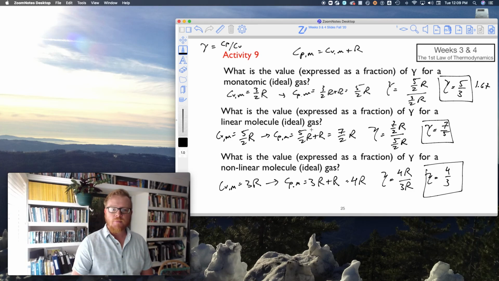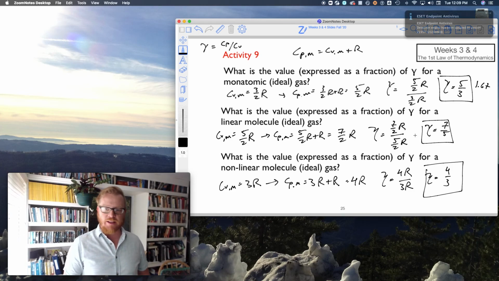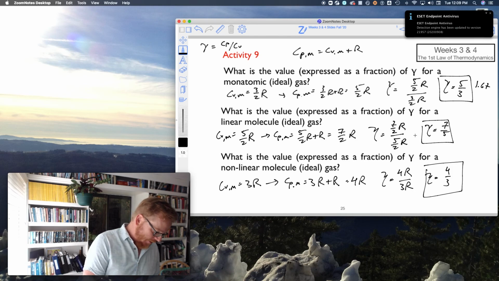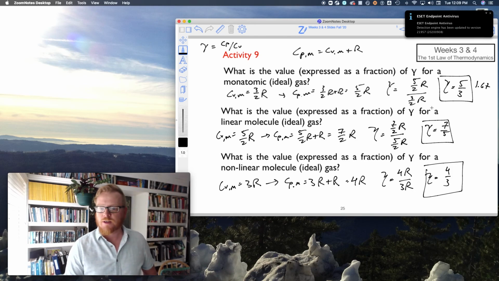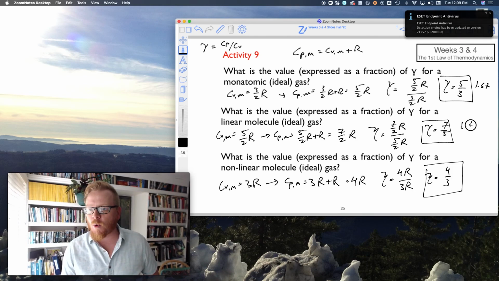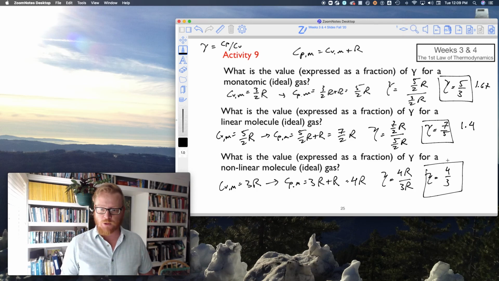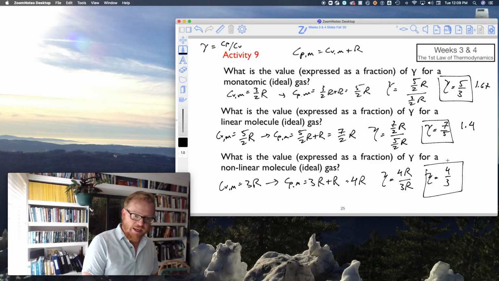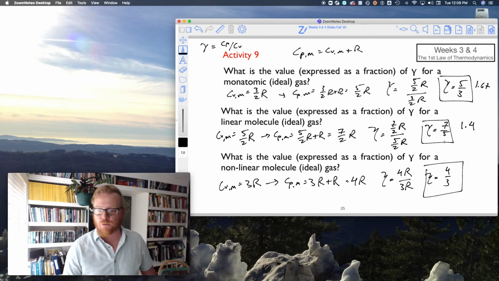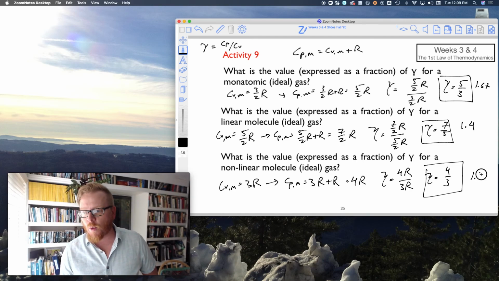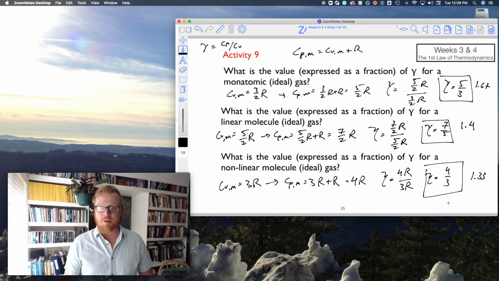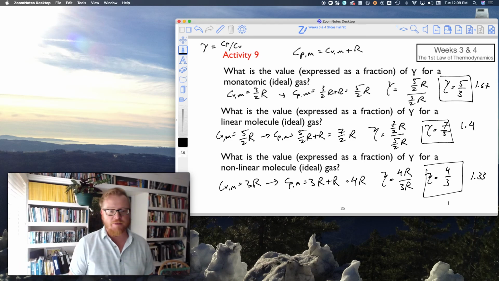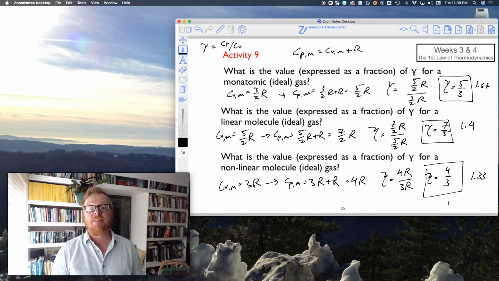Gamma for a linear molecule is 7/5, which is 1.4. For the nonlinear molecule, it's 4/3, which is 1.33. So the trend is that the value of gamma decreases with more degrees of freedom.